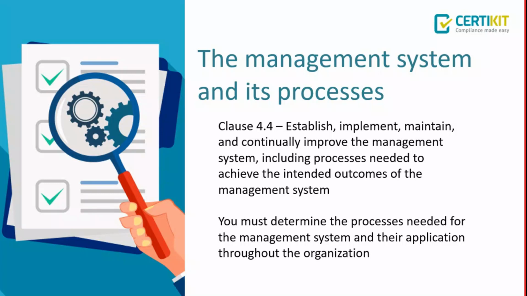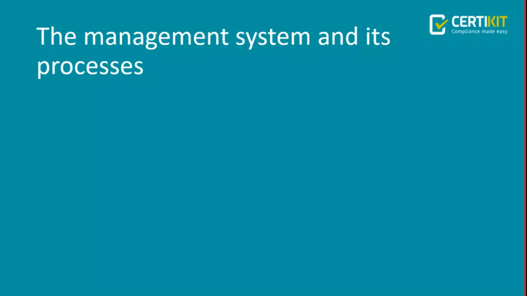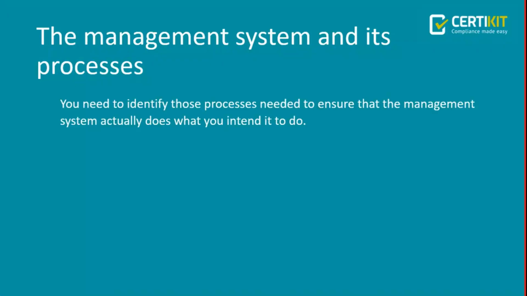But you need to look at this as if above the company at the big picture. So you need to identify those processes to ensure that your system actually does what it's intended to do. These are the auditable parts of the business.